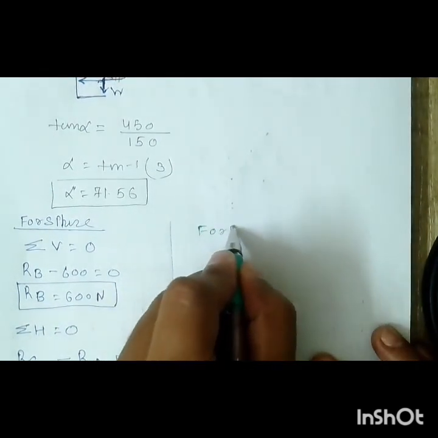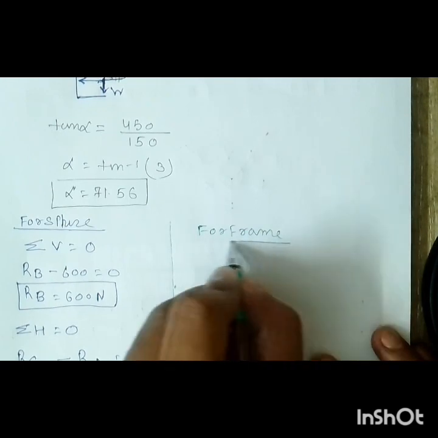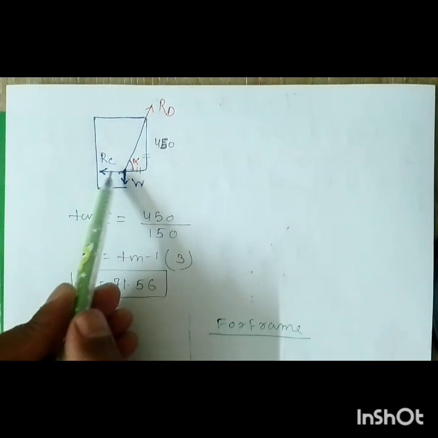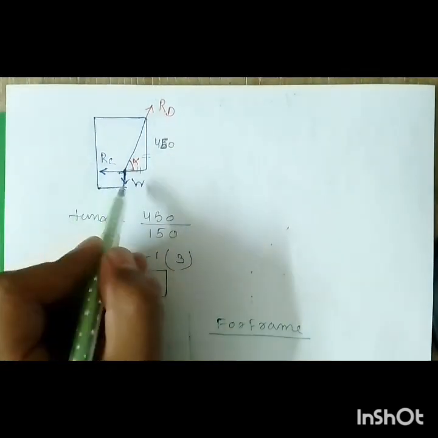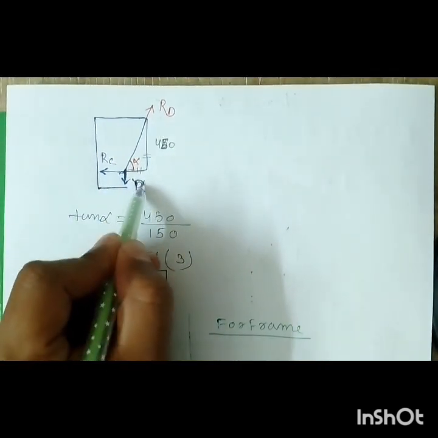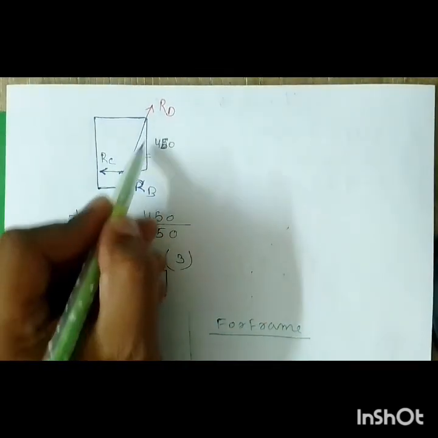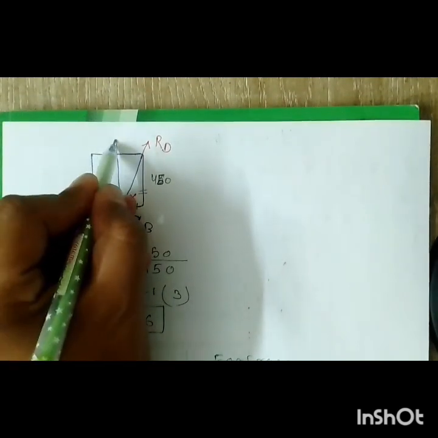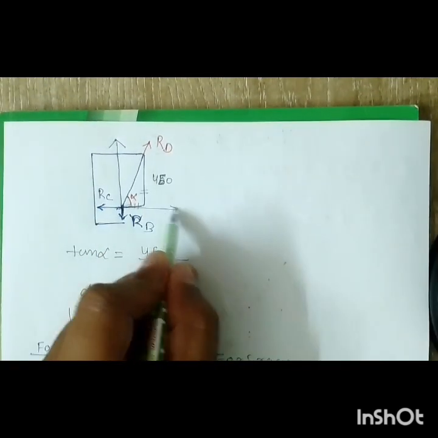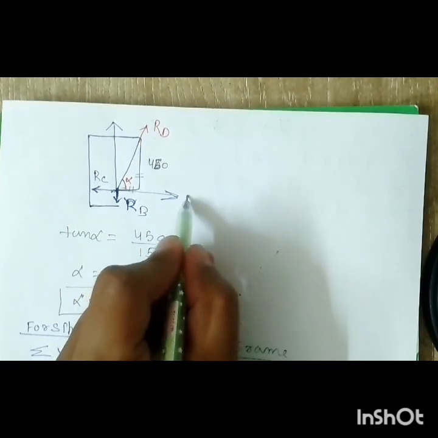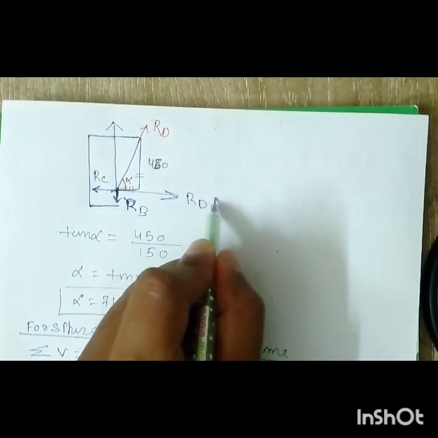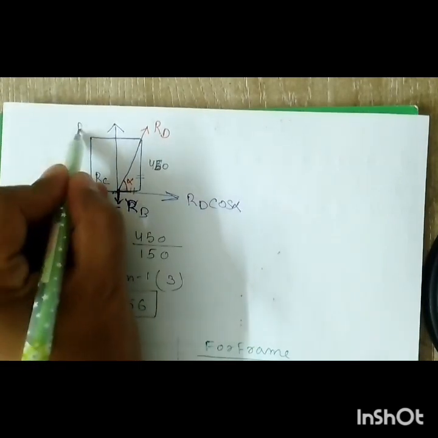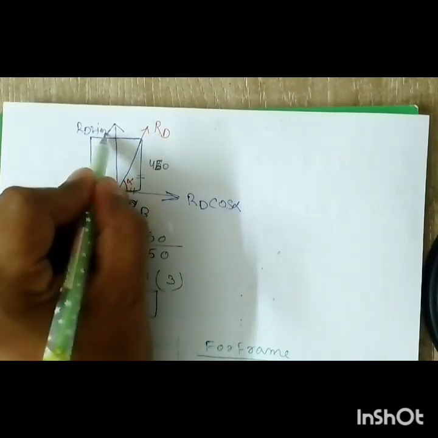So for the frame, you can see here this reaction RC and this is the RB actually. RB is nothing but the weight only, and this RD. So RD means its vertical component will be like this, and the horizontal component. So the horizontal component is RD cos alpha, and this vertical component is RD sin alpha, right?